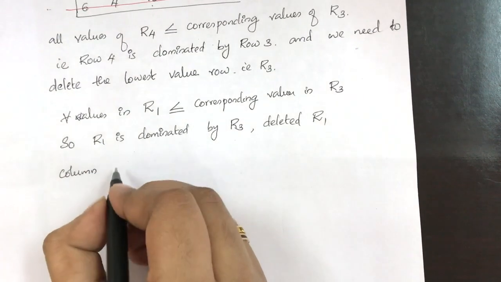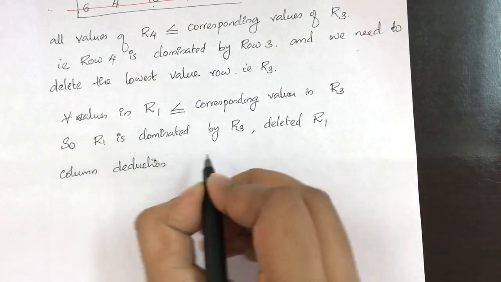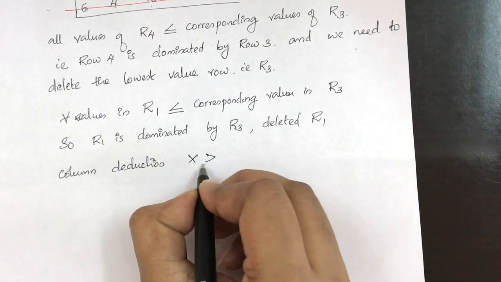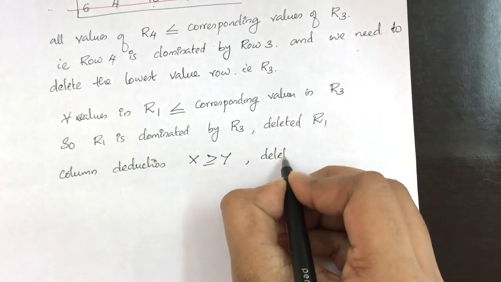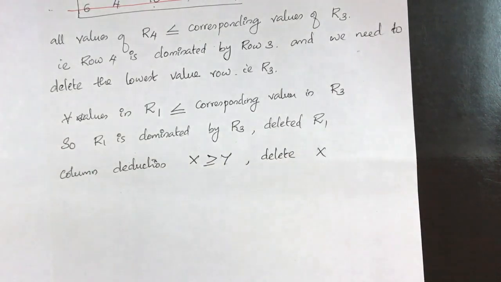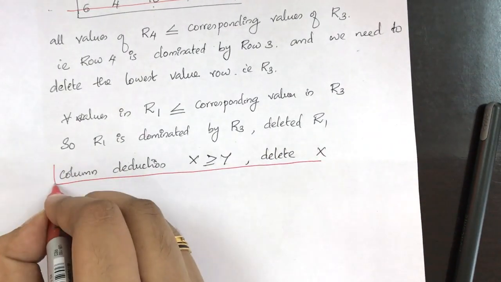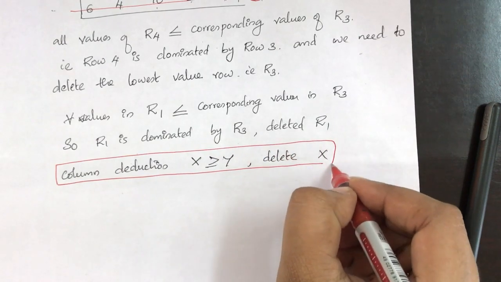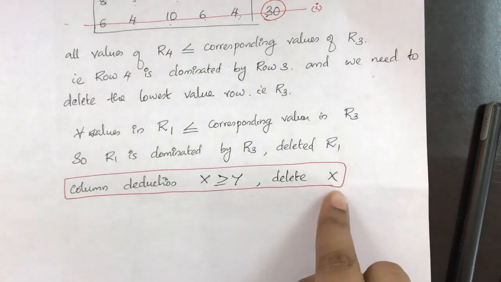In column deduction, if any column x is greater than or equal to y, we need to delete x. There is a rule for column dominance. If x is greater than or equal to y, we need to delete x.